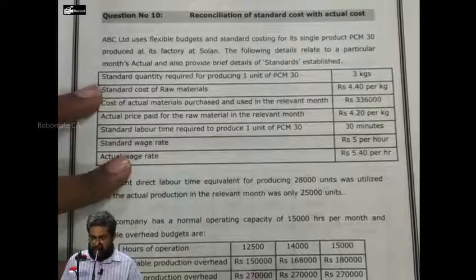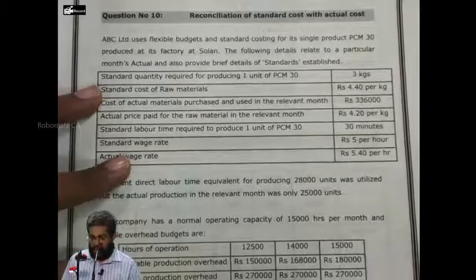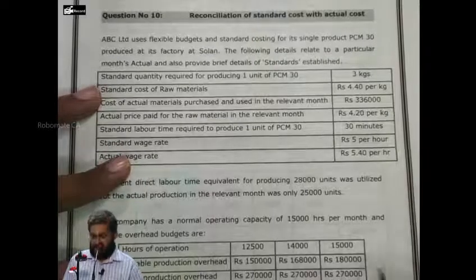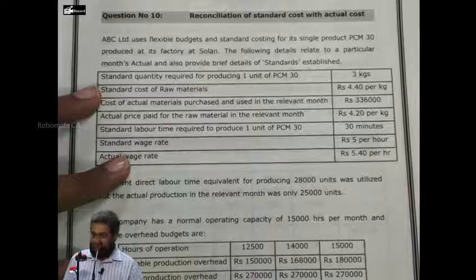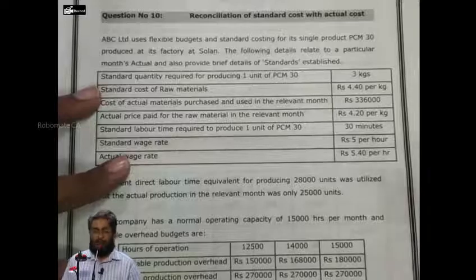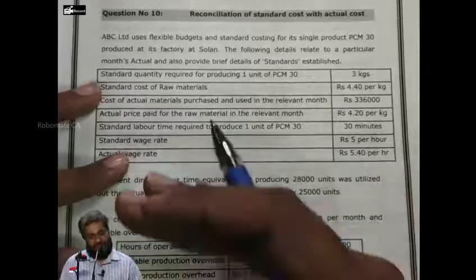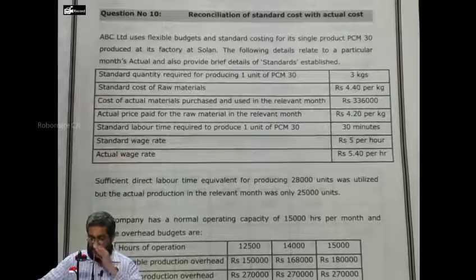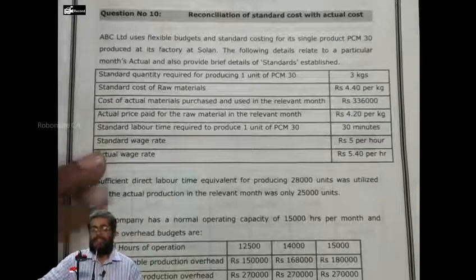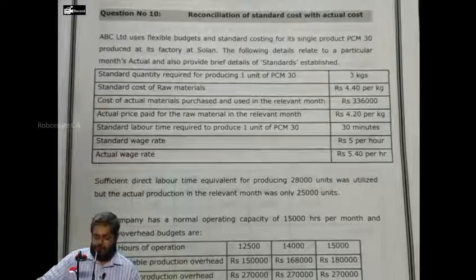The variable and fixed overhead budget has been given. The variable overhead budget changes: 1,50,000, 1,68,000, 1,80,000. Fixed overhead budget does not change because when the output changes, fixed cost remains the same. Actual fixed overheads incurred did not deviate from the budgeted amount. That means AFO is equal to BFO.